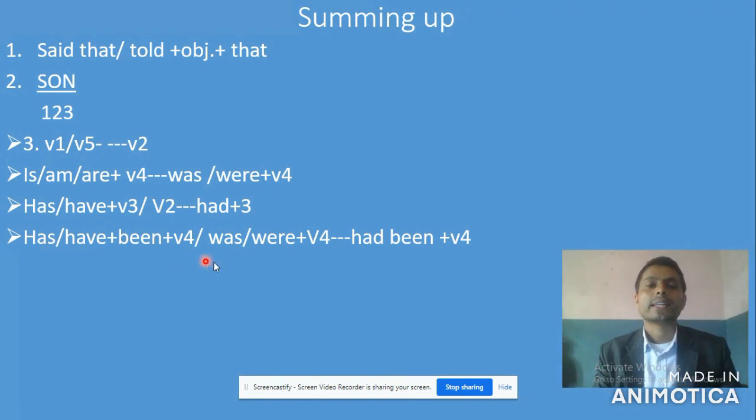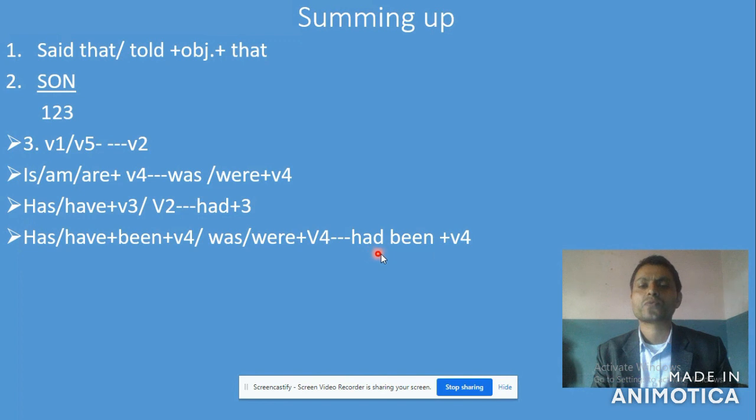It means if there is present perfect continuous or past continuous, was/were plus verb 4, in this situation we have to change it into past perfect continuous, had been plus verb 4, in indirect speech.